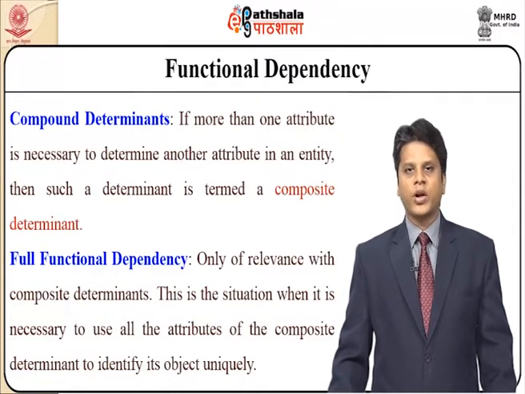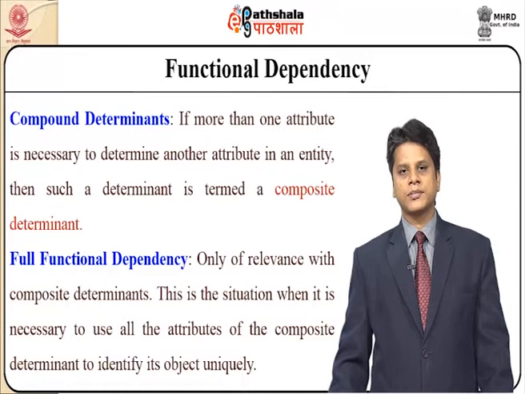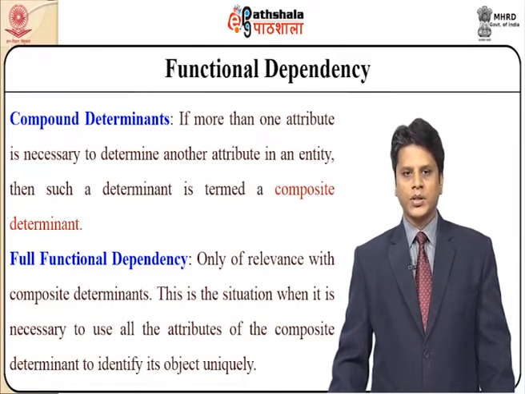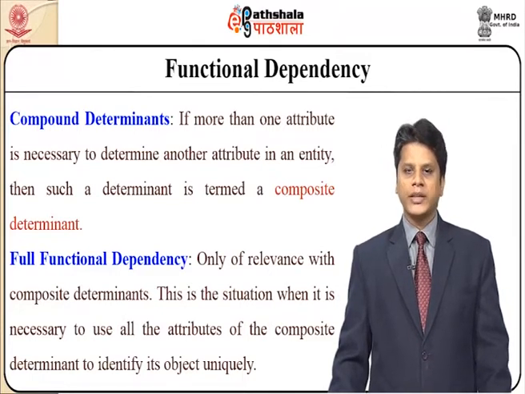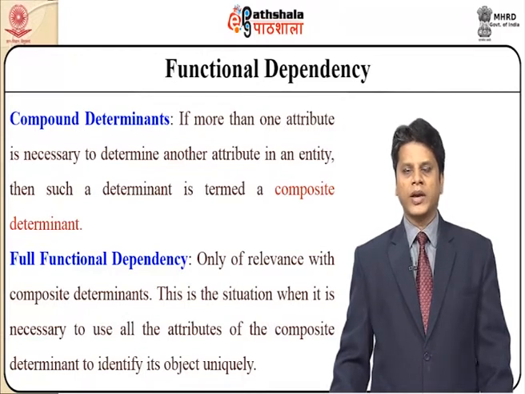Let us try to define what fully functional dependency means. Only of relevance with composite determinants. This is the situation when it is necessary to use all the attributes of the composite determinant to identify its object uniquely.